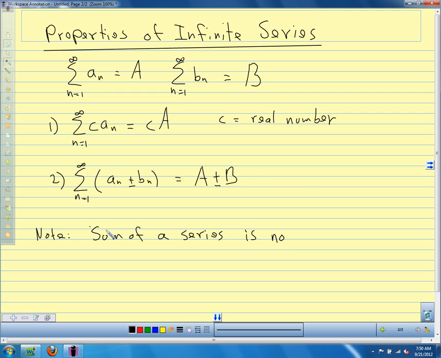The sum is affected, the convergence is not. The convergence of a series is not changed by deleting a finite number of terms from the beginning. The final sum will change, but it's still a convergent series.